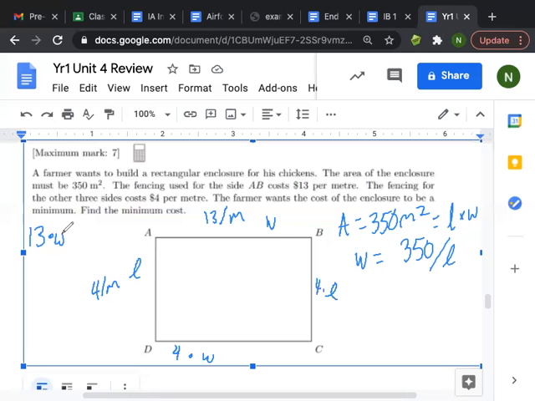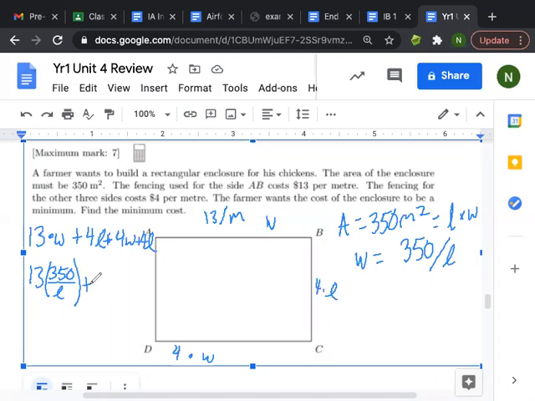Okay, 13W plus 4L plus 4W plus 4L. But now we've determined that W is the same thing as 350 divided by L. So I have 13 times 350 divided by L plus, I'm going to combine those two 4L's.